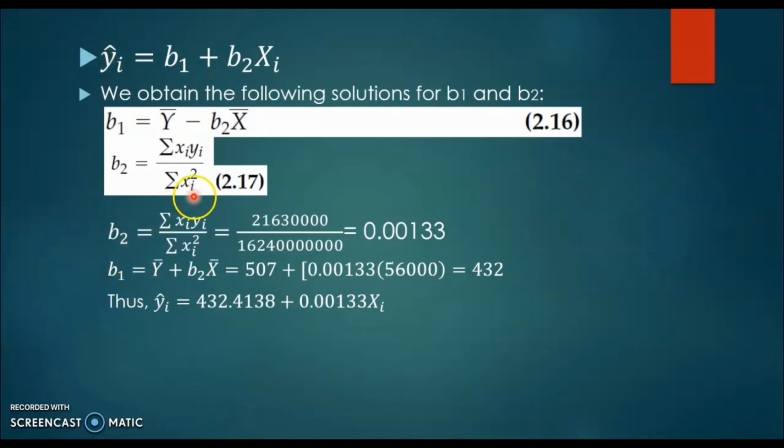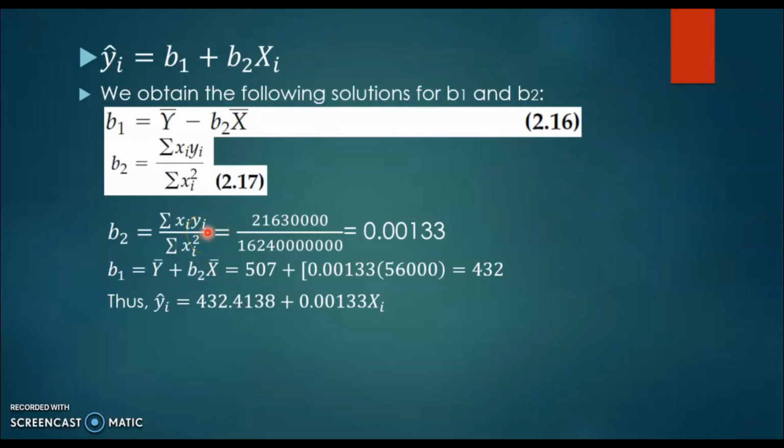So b2, by following equation 2.17, is equal to the sum of xi times yi. x and y are both in small letters, which represent the deviation for x and y from their respective mean values, over sum of squared x.